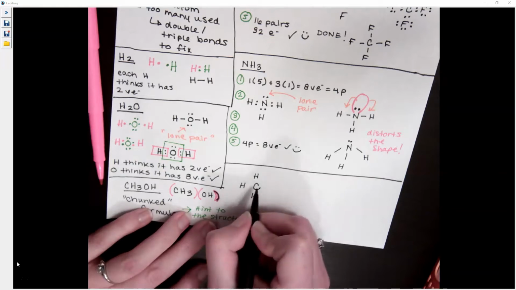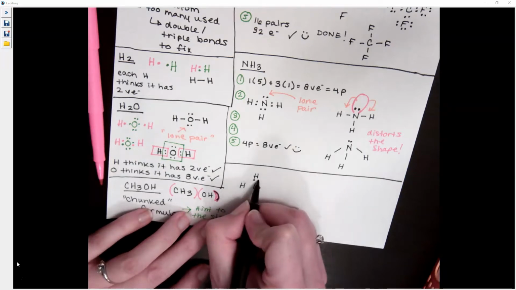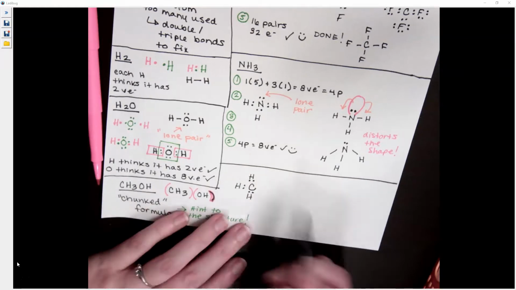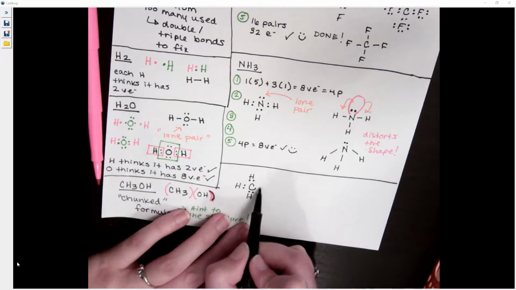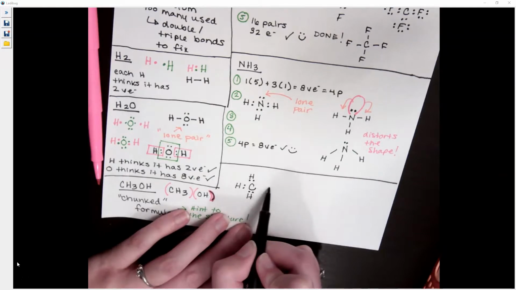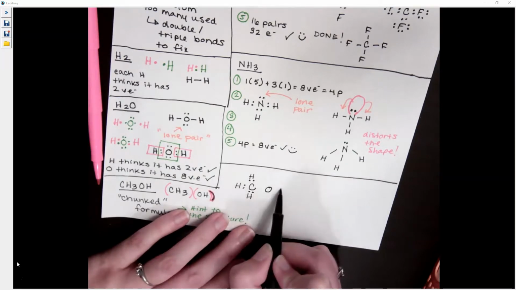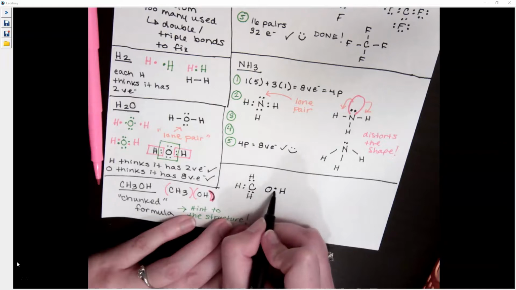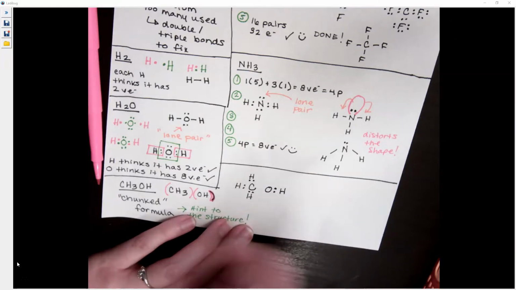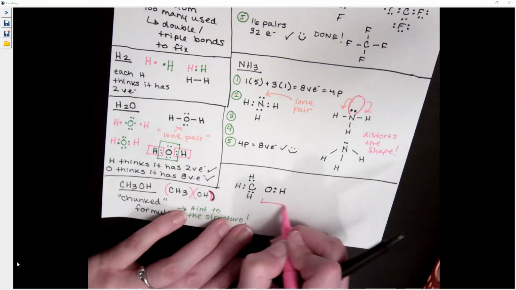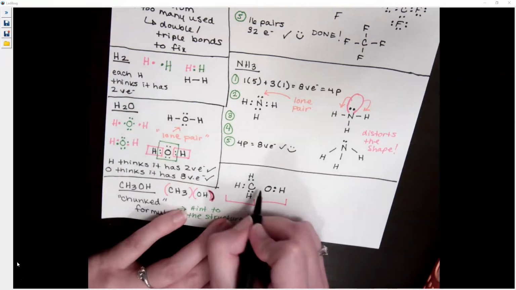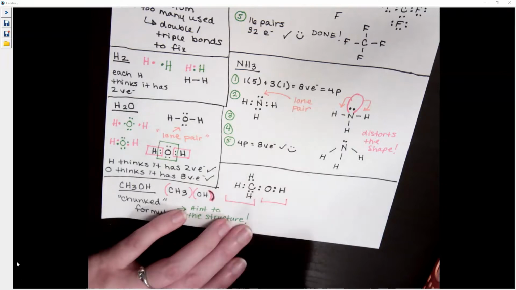Now I'm going to connect those with a single bond so they're not floating around. And you'll notice that the carbon has one more spot available for this oxygen to come in. We know now that this hydrogen is attached to the oxygen. So this piece is one chunk. We have the OH part and we have the CH3 part. And now we connect these pieces together.